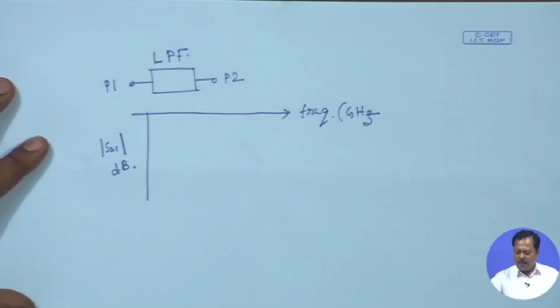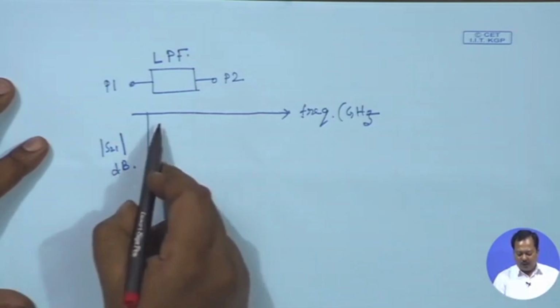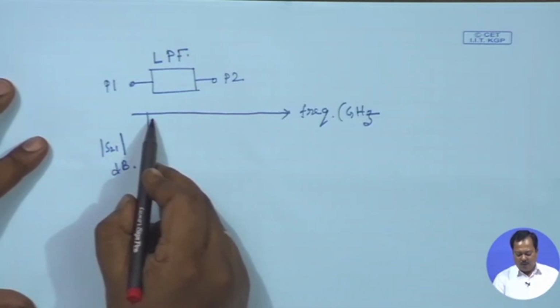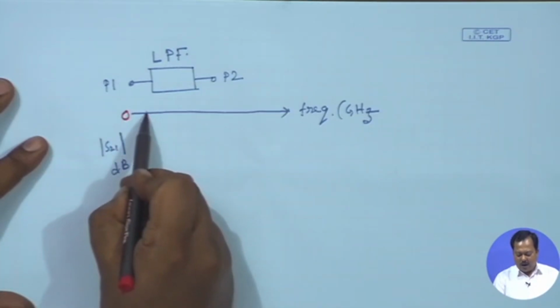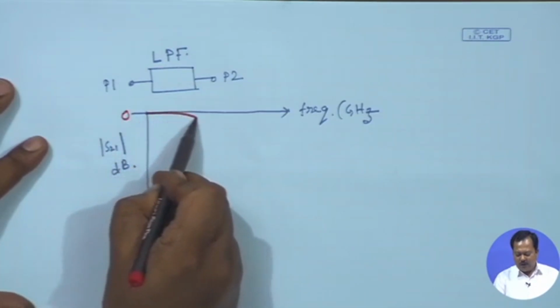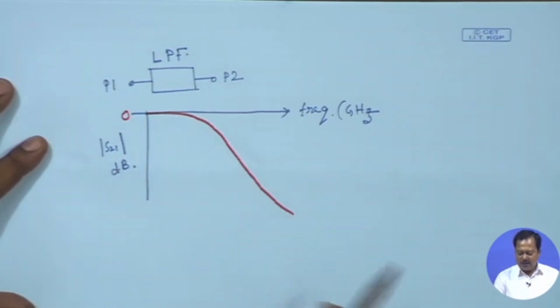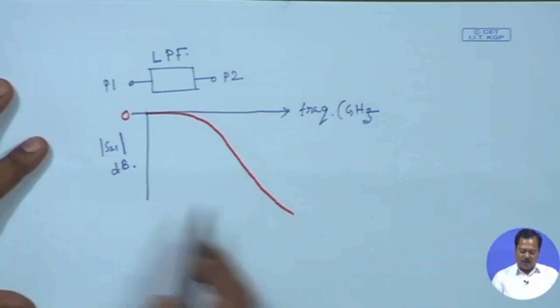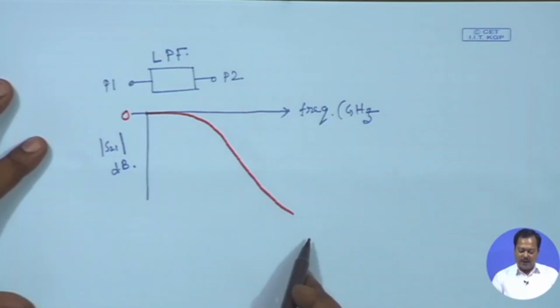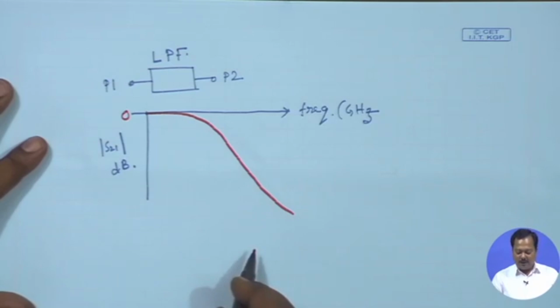If we have perfect transmission from port 1 to port 2, that means S21 is 0 dB. And since we are considering a low pass filter, as the frequency increases, attenuation increases, or S21 in dB becomes negative, going to minus infinity.